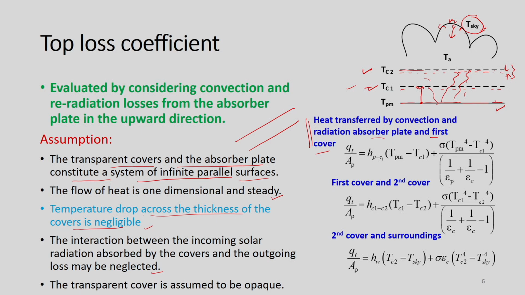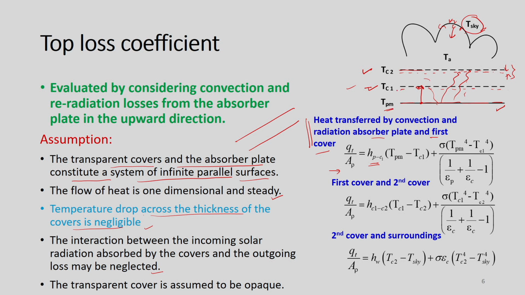In the first case, we are interested in developing the equations by which we can calculate the rate of heat transfer from this plate to glass cover 1. So, Qt by AP is equal to HPD, which is the heat transfer coefficient from plate to cover 1, multiplied by TPM, the plate temperature, minus TC1.